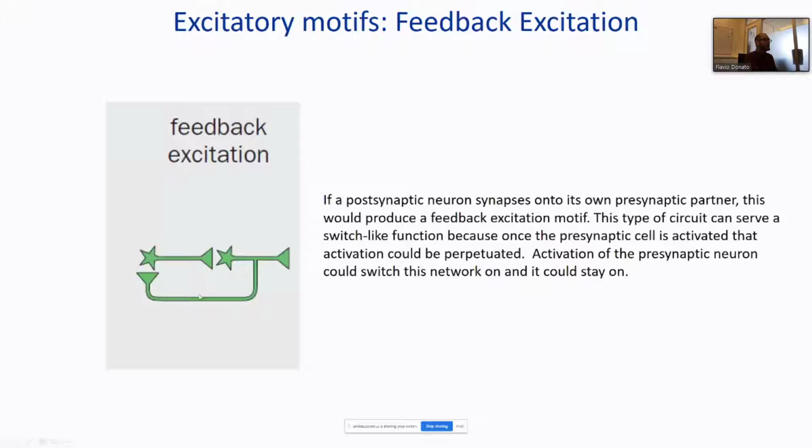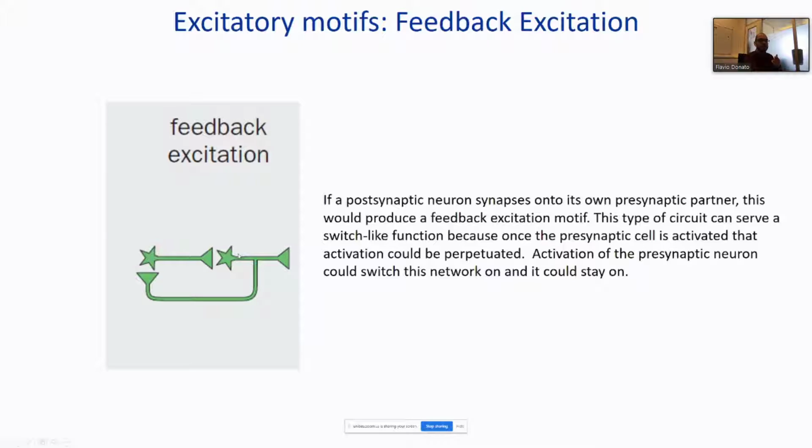This is actually a really important motif because, as I talked about yesterday in my group, this is a way in which you can create information that persists long after the stimulus is applied to the first neuron. For example, if you give a stimulus here, you excite neuron number 1, which is the input neuron of this circuit. This input neuron excites neuron number 2, which is the output neuron of the circuit.